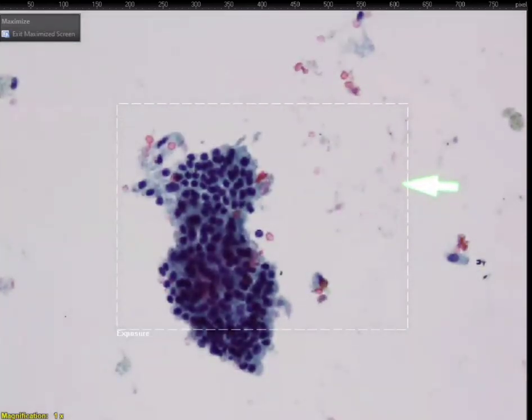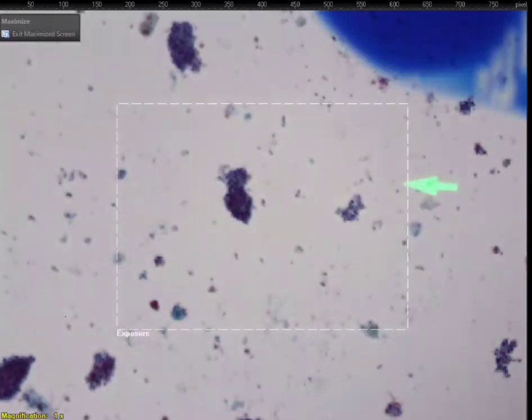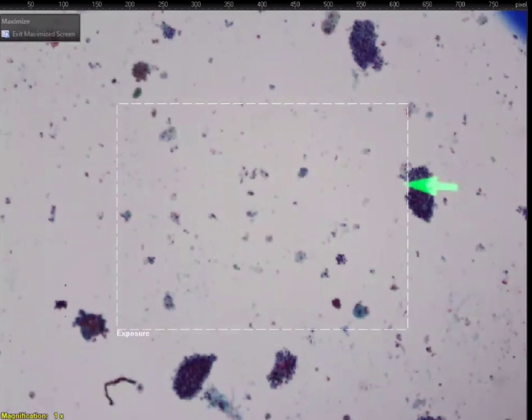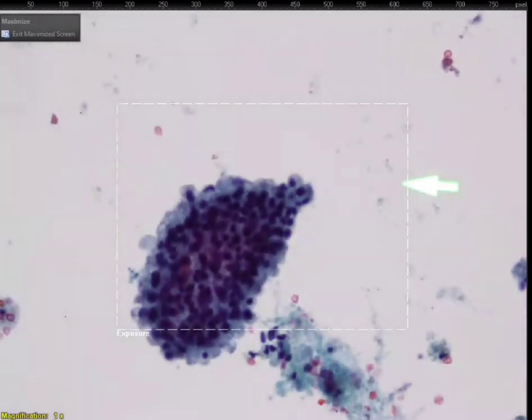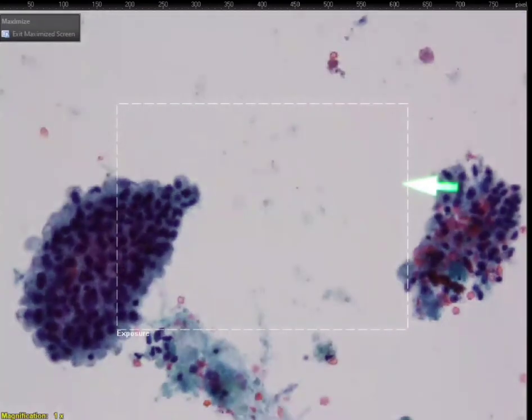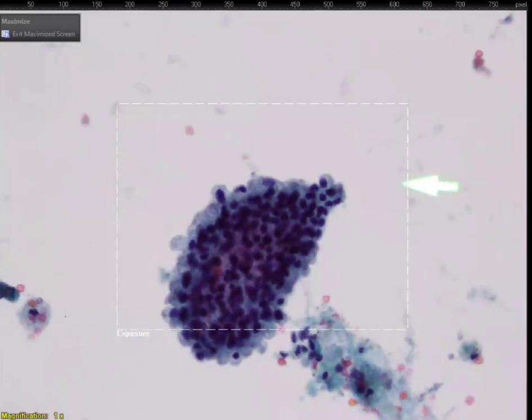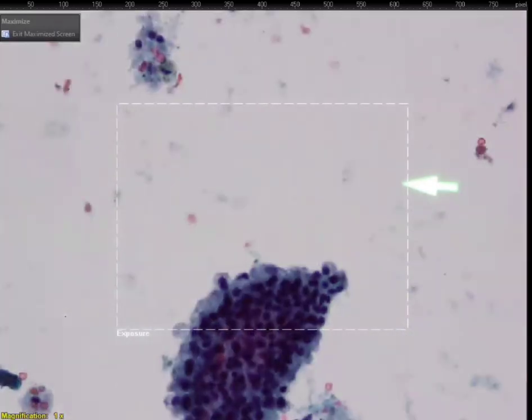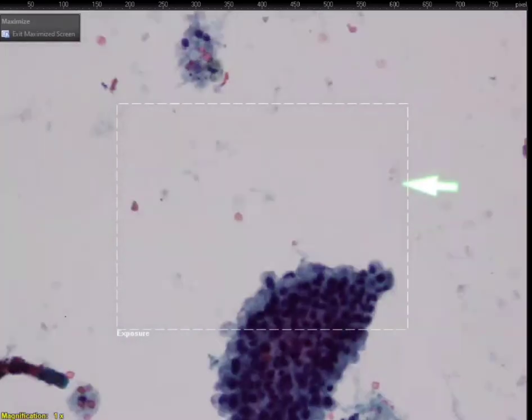Could that be a possibility, a papillary neoplasm from the lungs? Yes, does that happen? Yes, that's good. Like an adenocarcinoma? Yes, we have a papillary variant of adenocarcinoma as well.